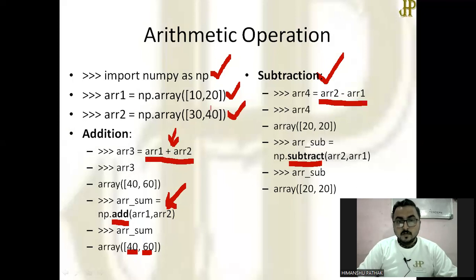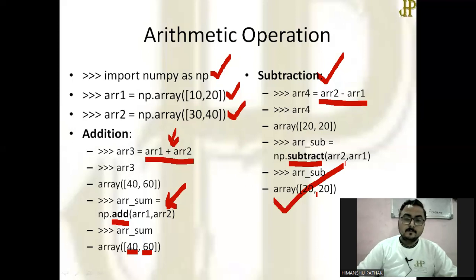Here I have given the second array as the first argument and the first array as the second argument. So what will happen? It will perform the subtraction operation, that is 30 minus 10, it becomes 20. 40 minus 20, again it becomes 20. That's why array 20 20 is printed.